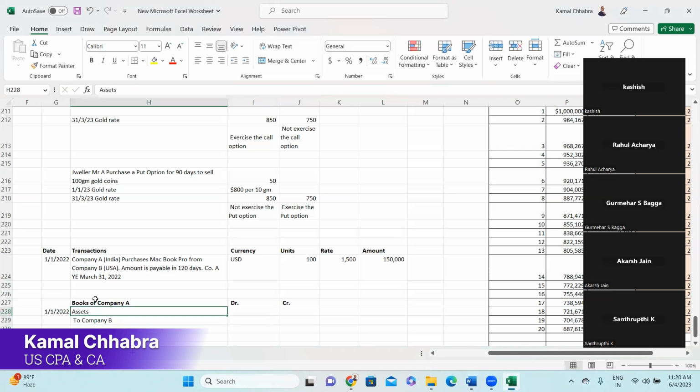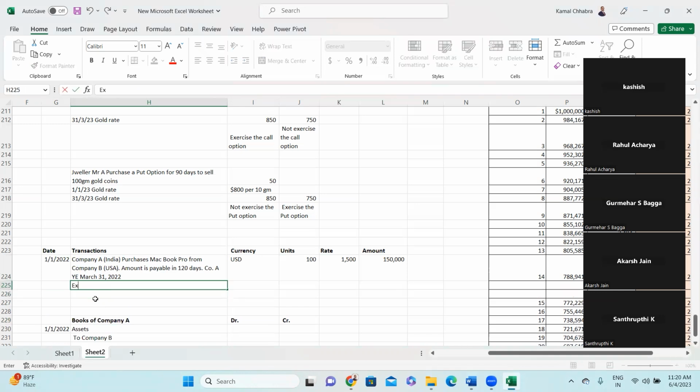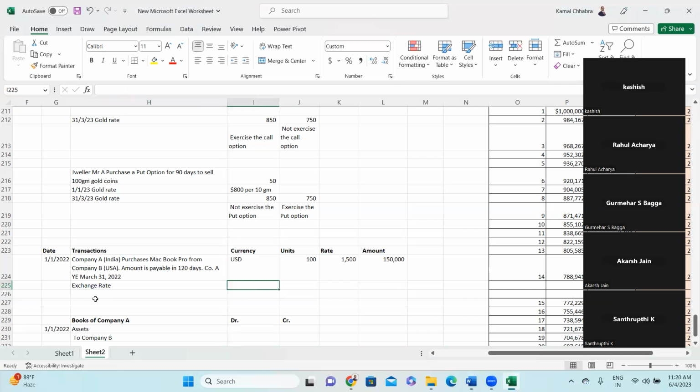Company B. How much? So let's assume the exchange rate. You will need the exchange rate for three dates: 1st January, 31st March, and 30th April 2022.